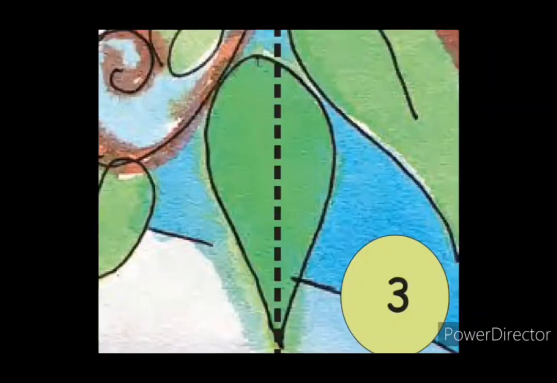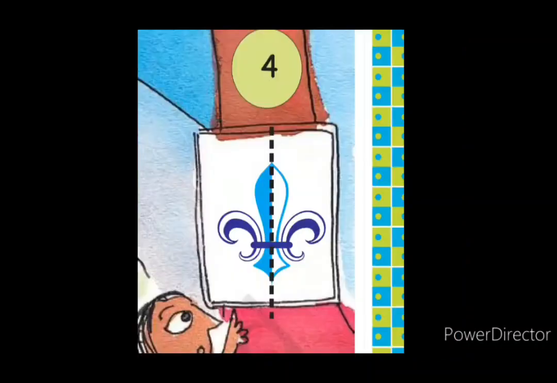But here in the third figure you can see the leaf and the dotted line. The dotted line having right side is not the same as the left side because the center is not the same. So you can see here that it is not a line of symmetry.